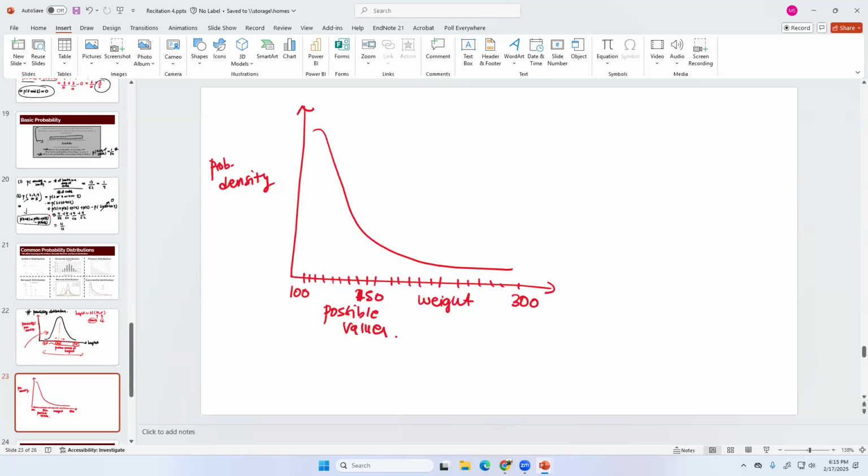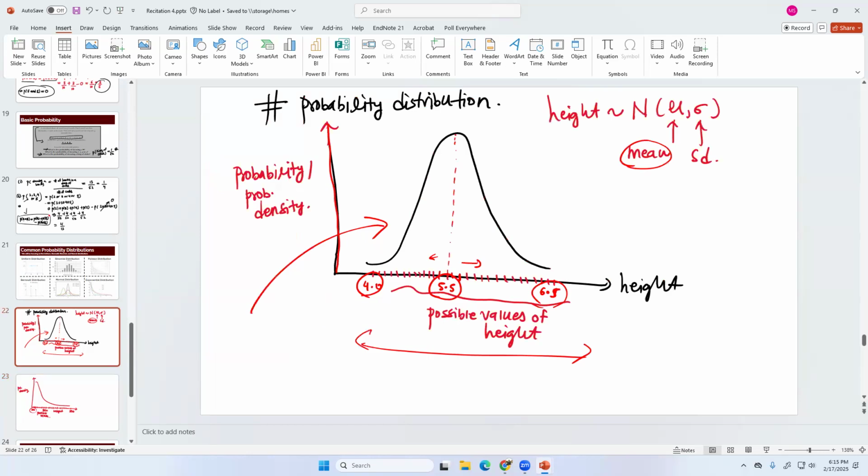Because most of the people are like 100 pounds, right? And there are people that are heavy, but their probability is not that high, right? So this is a different distribution, and it tells a completely different story than this.